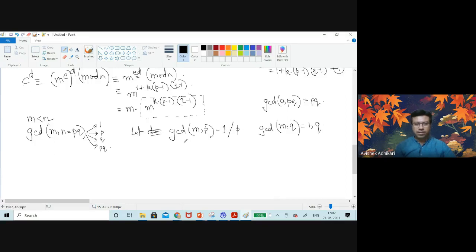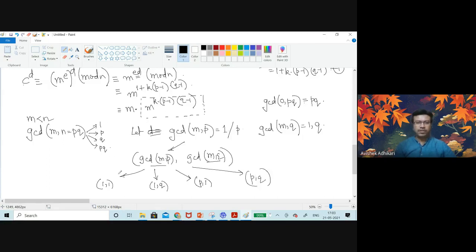If I consider GCD of m and p and GCD of m and q, then this ordered pair, GCD of m and p comma GCD of m and q, how many values will it take? It might be 1 comma 1, 1 comma q, p comma 1, or p comma q. So those are the 4 different choices that we had.